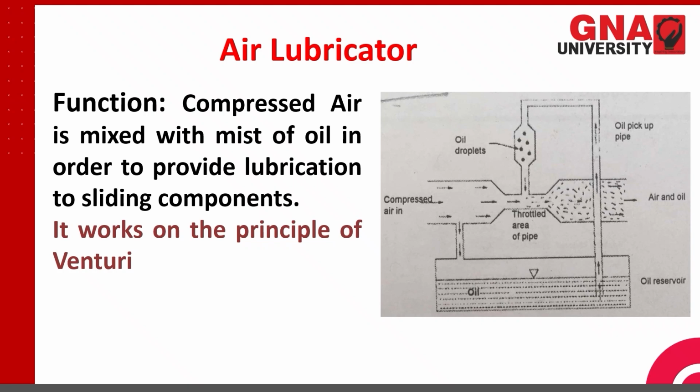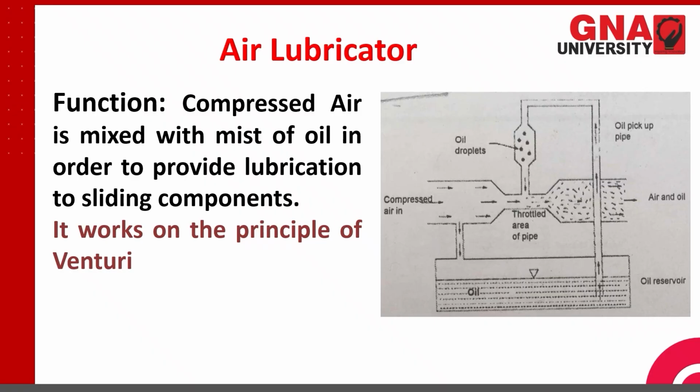So we have two opposing forces exerted on the system. One is the spring force that is acting downwards. You see this is the cut section of the spring. The tension of this spring can be adjusted by using this knob. We can rotate it and adjust the tension of the spring.